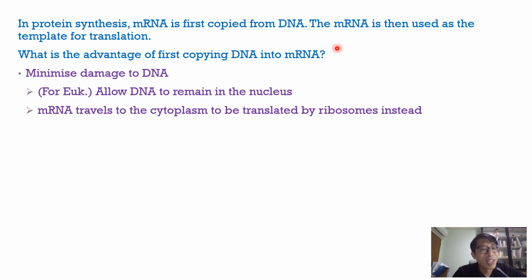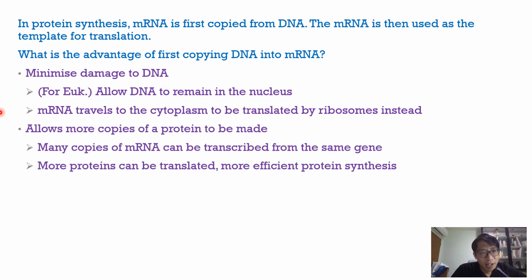So whatever serves as a template for translation needs to leave the nucleus and enter the cytoplasm where the ribosomes are. We don't want the DNA to do that. We want the DNA to stay in the nucleus. So that's why we need the mRNA to carry the same information from the DNA out to the cytoplasm for translation. Then the DNA can stay in the nucleus and remain protected.